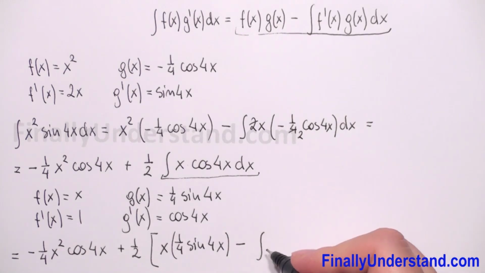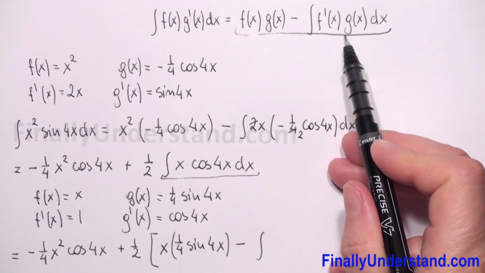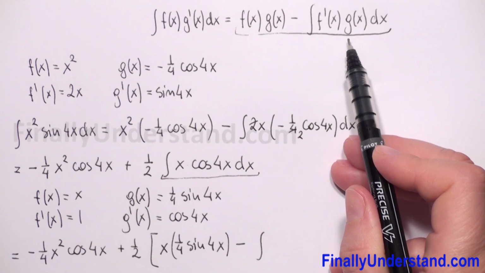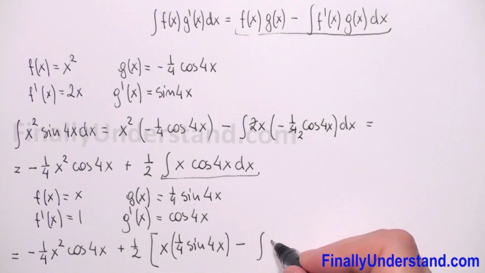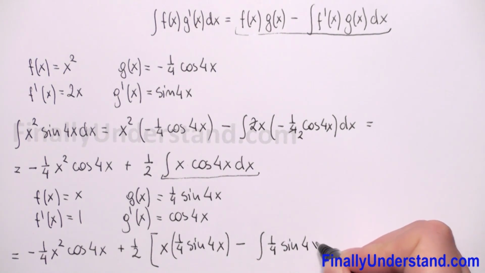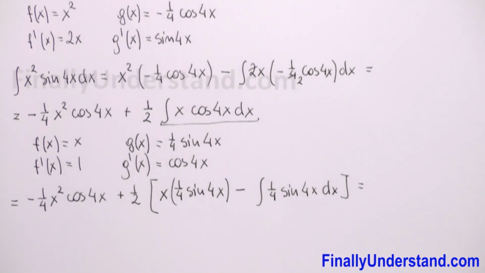F prime of x is 1. And we have times g of x. 1 times 1 over 4 sine of 4x is 1 over 4 sine of 4x with respect to x. Close brackets.